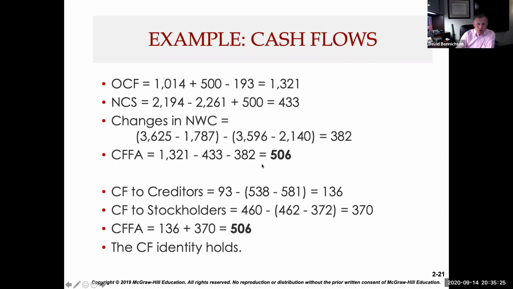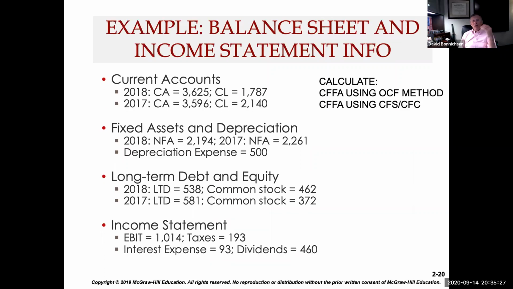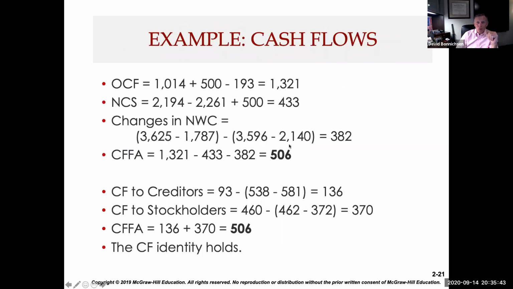The answers are shown on the slides, but use the Excel file. Set up your Excel file, plug in the data that's listed here, and calculate the CFFA using both methods to prove to yourself that the cash flow identity works, 506 and 506. It also shows you the net working capital changes, so you can get comfortable with that.